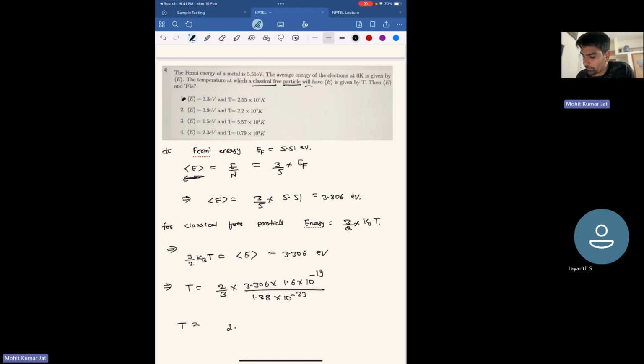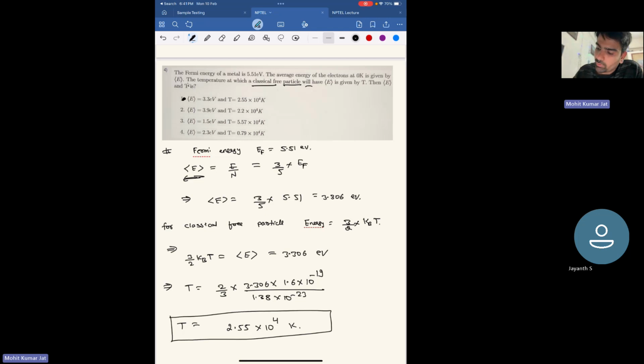This is 2.55 into 10 to the power 4 Kelvin. That is the answer number 1: 2.55 into 10 power 4 Kelvin, and the energy is 3.3 eV.